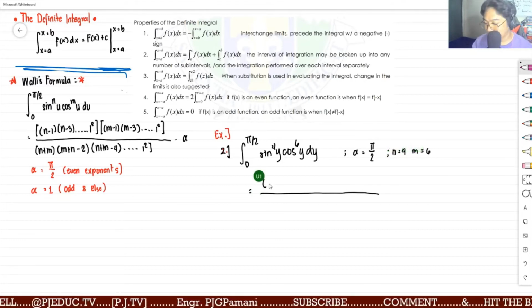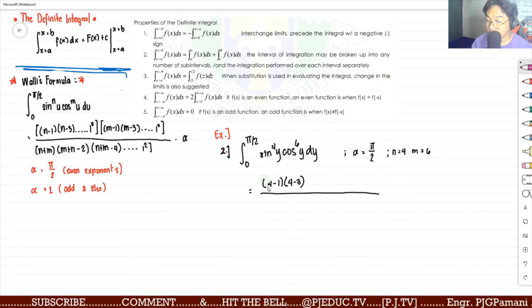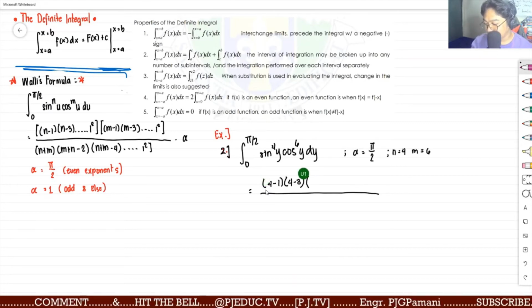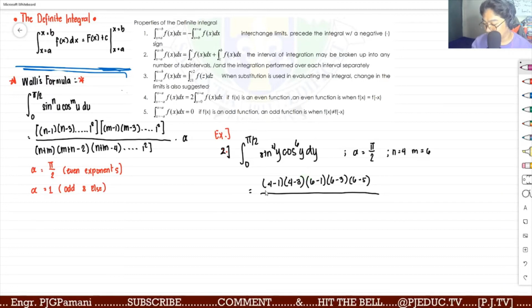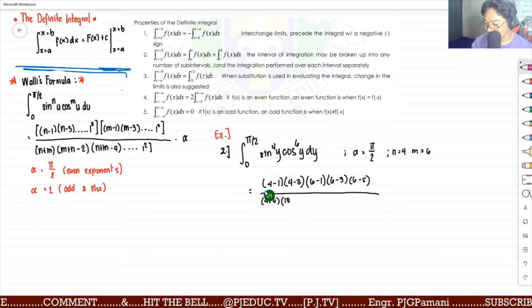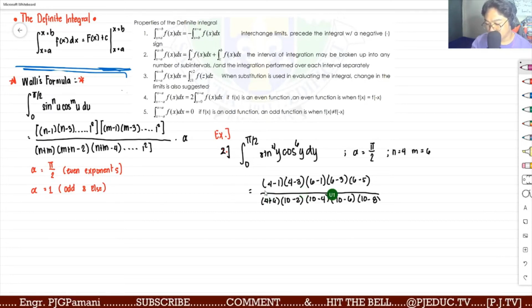So, transform na natin. 4 minus 1 times 4 minus 3. Hindi na pwede yung 4 minus 5 kasi negative na yon. Then, m, 6 minus 1, 6 minus 3, and 6 minus 5. Sa baba naman, that is 4 plus 6, which is 10 minus 2 times 10 minus 4 times 10 minus 6 times 10 minus 8.